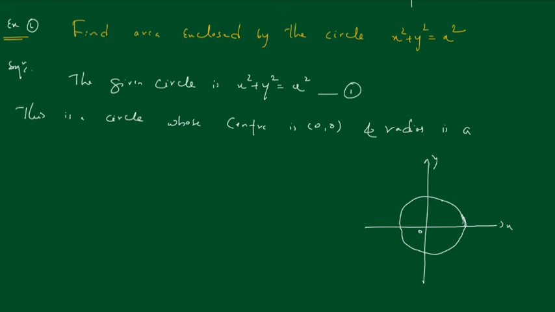We are finding the region of the circle. There are totally four regions here, 1, 2, 3, 4. If you find any one region and multiply by 4, you will get the enclosed region of the circle.